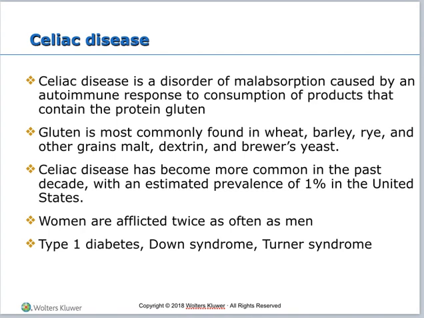Then there is celiac disease. Celiac disease is an autoimmune disorder to gluten. And gluten is found in wheat products and a lot of foods. Women are more likely to be afflicted than men. It has a strong association with people that have type 1 diabetes, Down syndrome, or Turner syndrome.